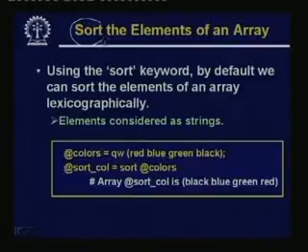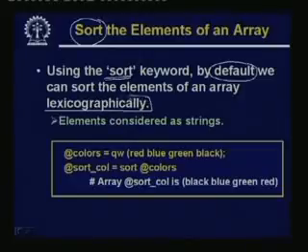Let us start with sorting. Perl provides a very simple mechanism to sort the elements of the array using the sort keyword. The default sorting method is that we can sort the elements lexicographically.